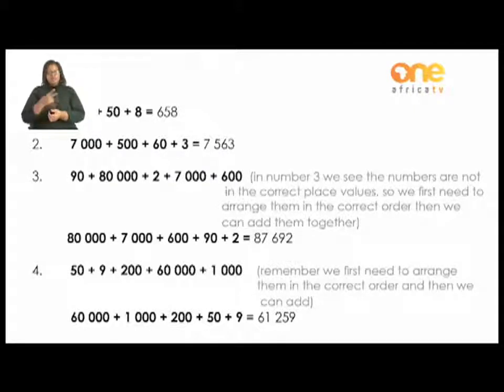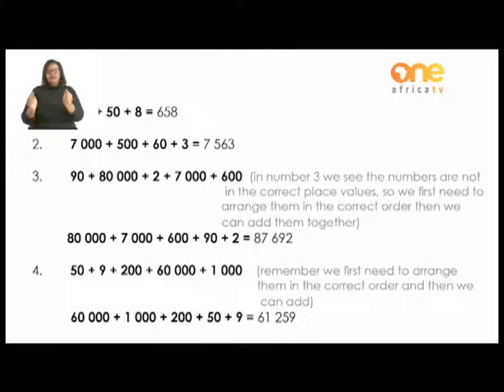Let's go over to number 3. Now we see number 3 is written a little bit differently. Here it's 90 plus 80,000 plus 2 plus 7,000 plus 600. Now here we see when they wrote the expanded notation, they mixed it all up. They didn't write it according to the real values. So what we need to do first is arrange them in the correct order, and then we can add them together.